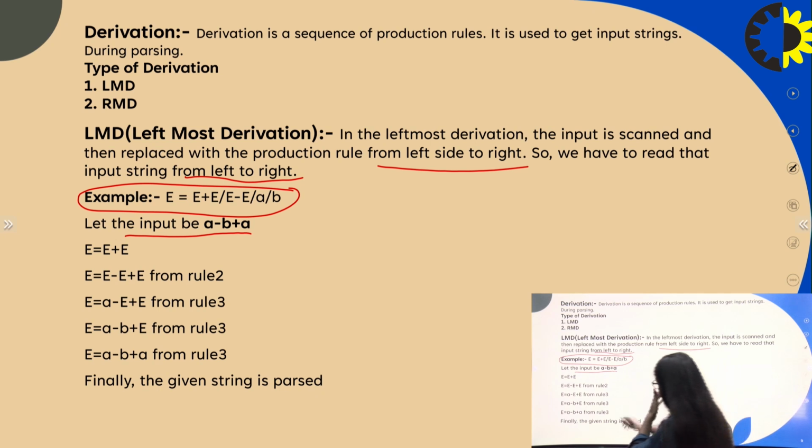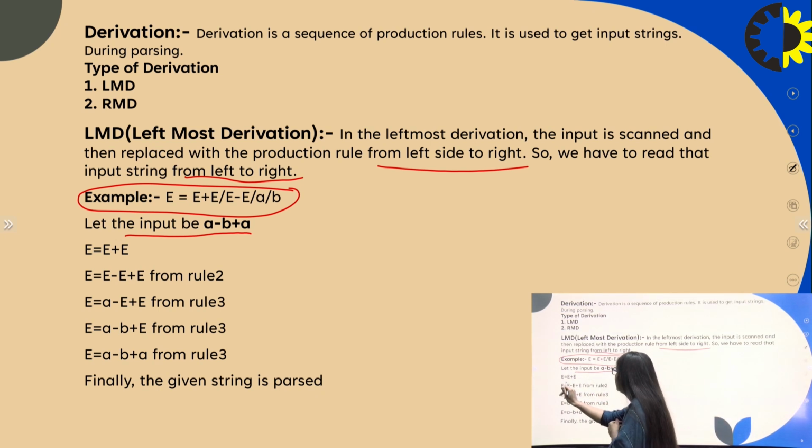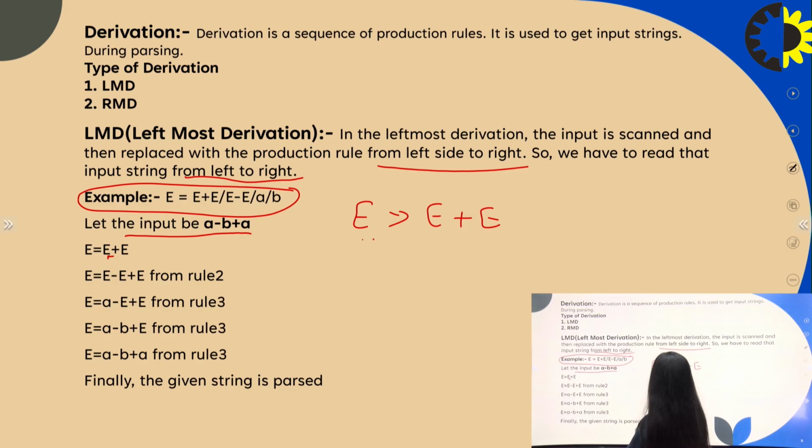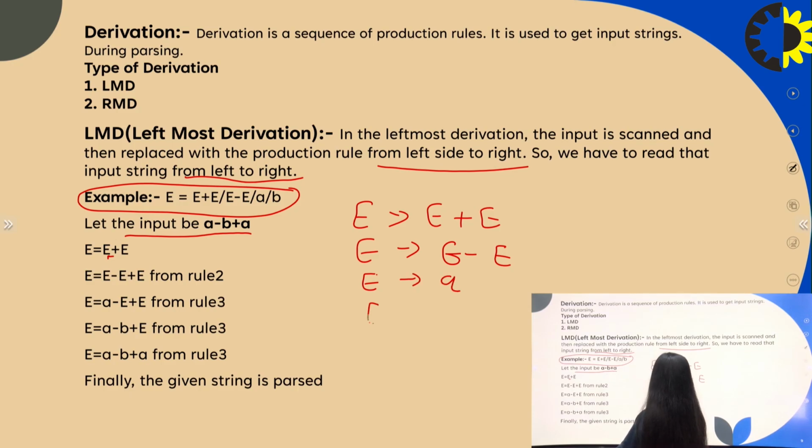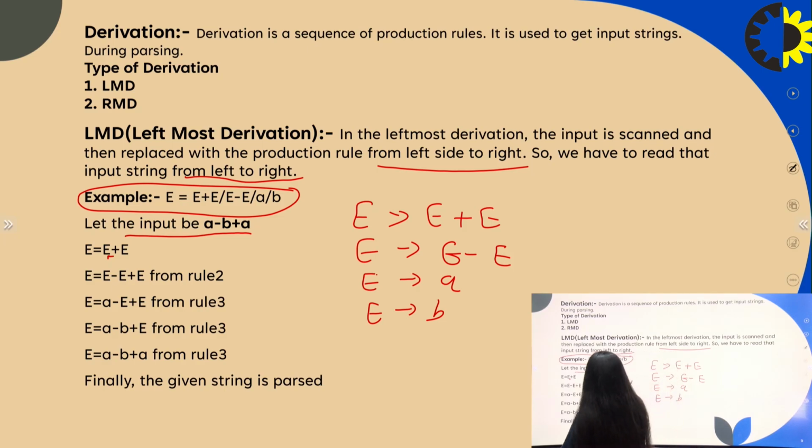So let's start from the left side. The first production is E equals E plus E. E produces three productions: E plus E, E minus E, E produces a, E produces b. So we generate the string a minus b plus a.